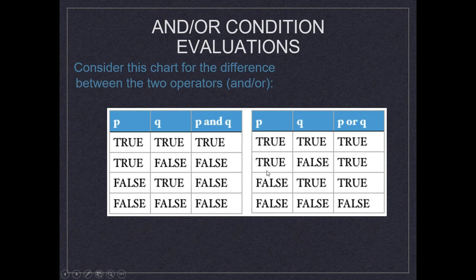And again, if I buy popcorn but I don't buy the movie ticket, then I'm still okay because I did one or the other, and I told you I would do one or the other. And if I just don't do anything, that's the only case where I won't have held up my end of the bargain. So on the or side, that's the only case where this will be false, if nothing is done.